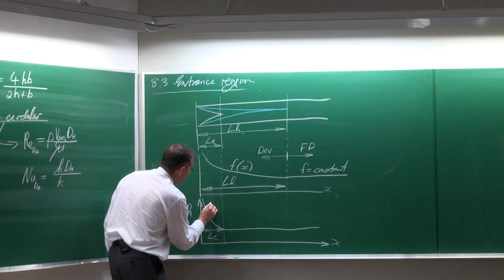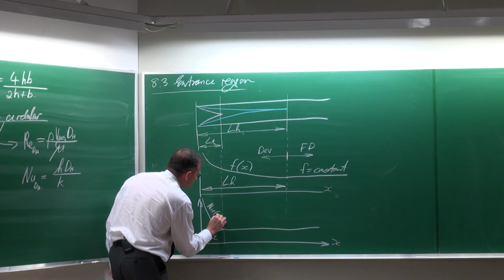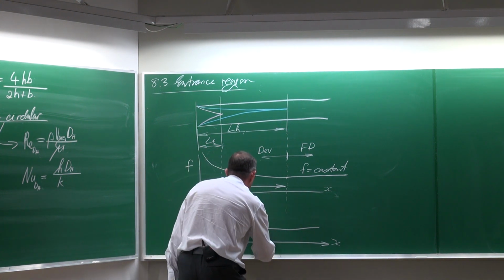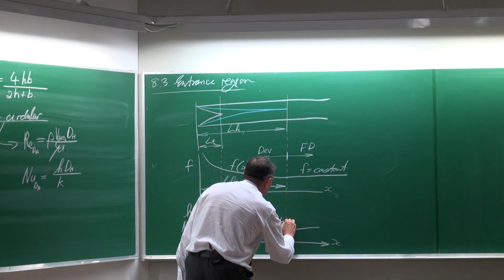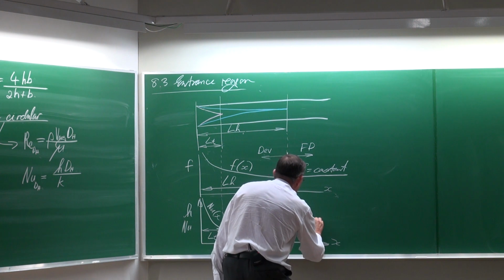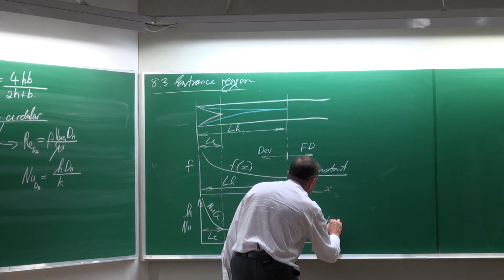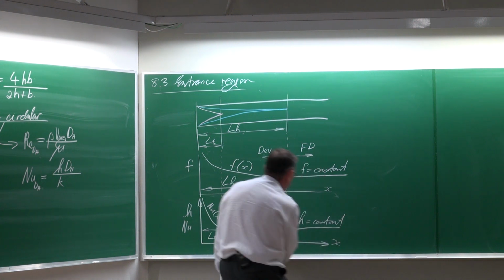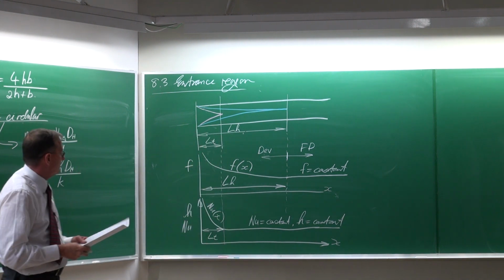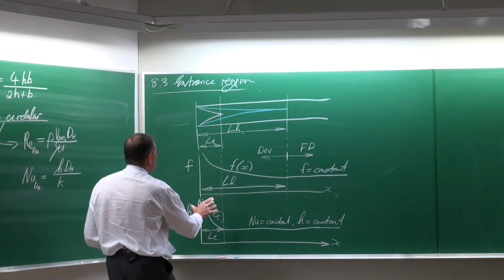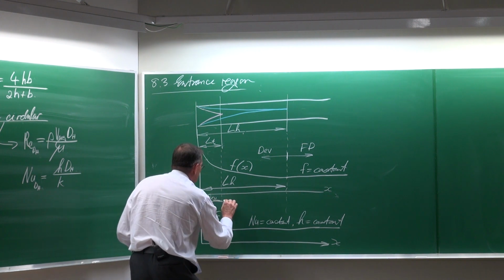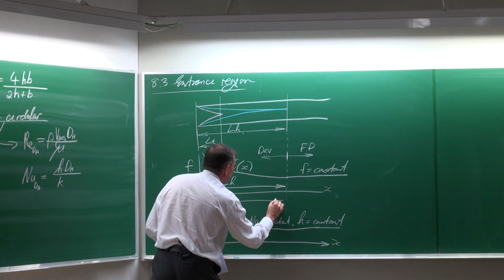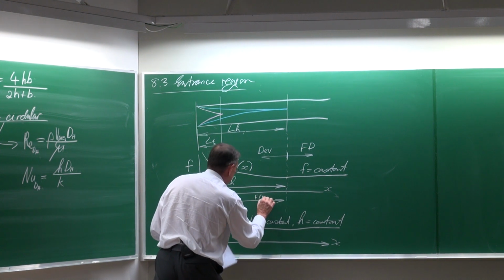In this region, we will say the Nusselt number is a function of x. There, the Nusselt number is constant, and the heat transfer coefficients are also constant in general. So again, the developing part, they're developing, and that part there, FD, fully developed.